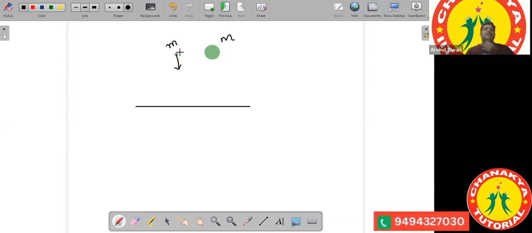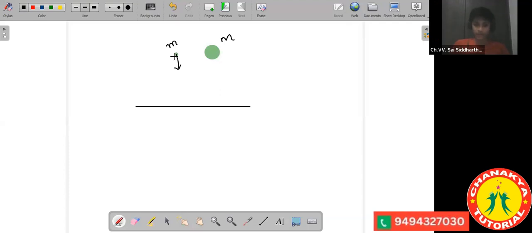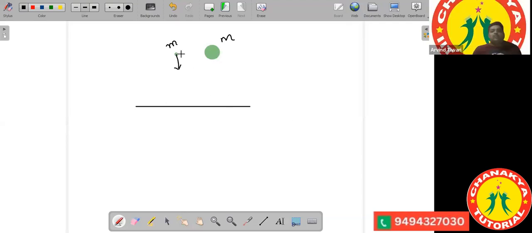Siddharth, how much will be the acceleration due to gravity acting on this smaller object? Sir, 9.8 meters per second. 9.8. So on this mass, there will be an acceleration of 9.8 meter per second.